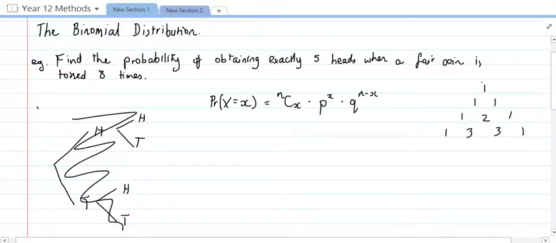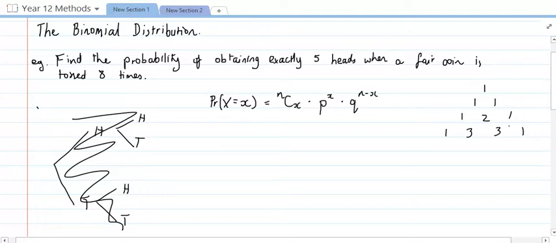So this here is 0C0, and then this is 1C0, 1C1, 2C0, 2C1, 2C2, 3C0, 3C1, 3C2, 3C3. And what that's talking about is if we have, for example, 3 things and we are choosing 2 of them, that's what the C is standing for.